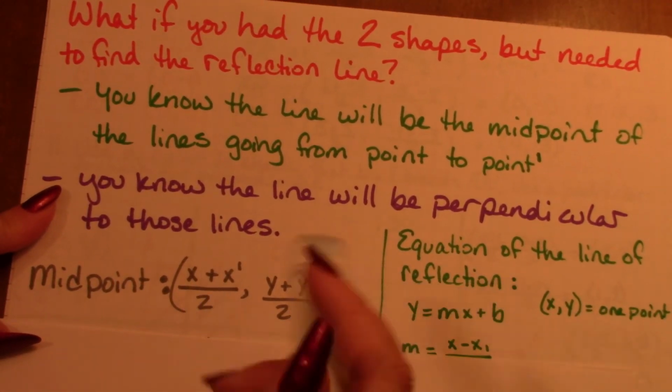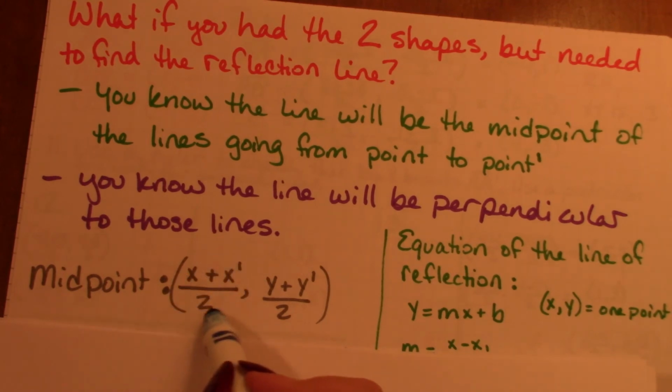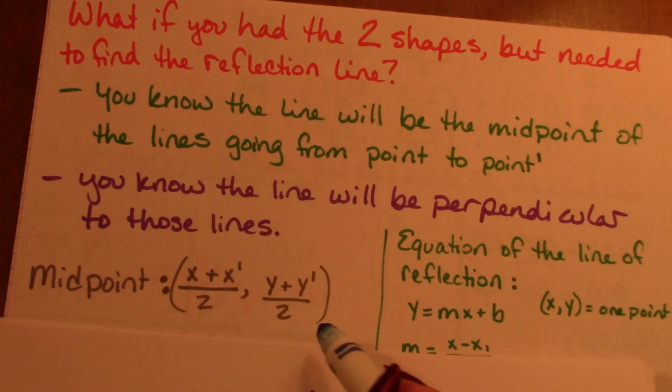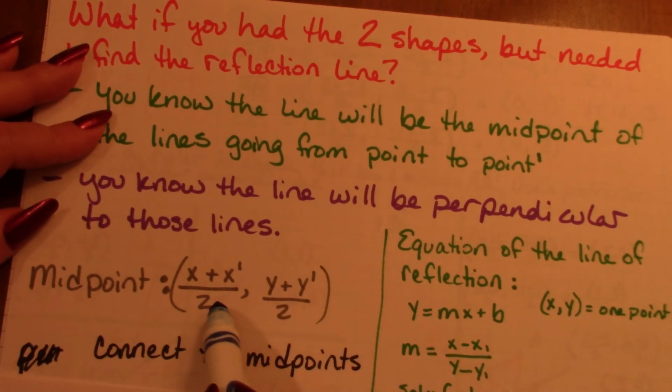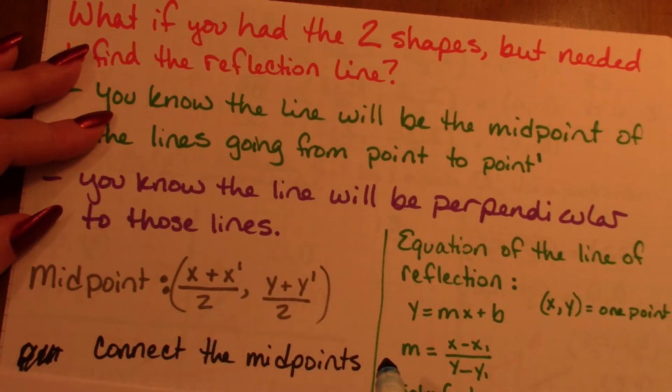And last year in algebra, you learned that the midpoint formula was the average of the x's, x plus x prime over 2, and the average of the y's, y plus y prime over 2. And that's your midpoint. So there's a lot of math in this. And if you find the midpoints of all of the points and prime points and you connect those midpoints, then you get to draw yourself a line.